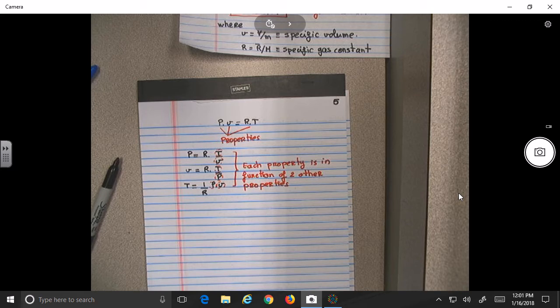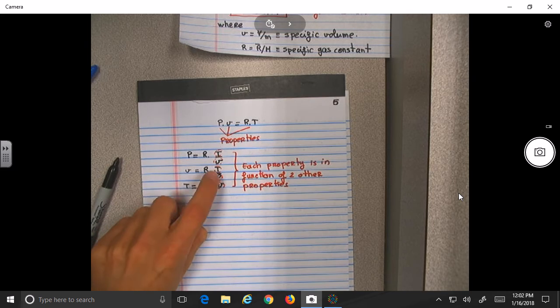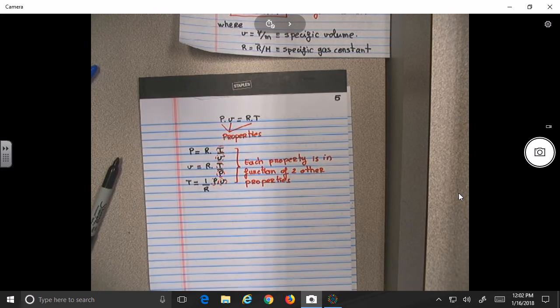You have f of x, and if you want to know how that function f varies in function of x, you take the derivative. df dx means how the function f varies in function of x. But now each one of these properties is in function of two other properties.